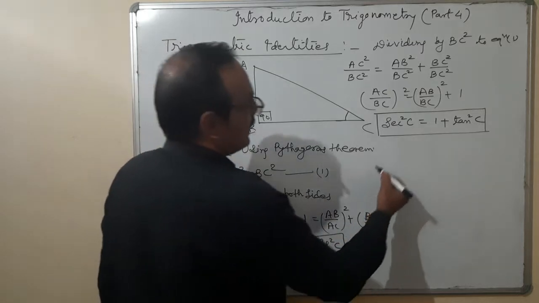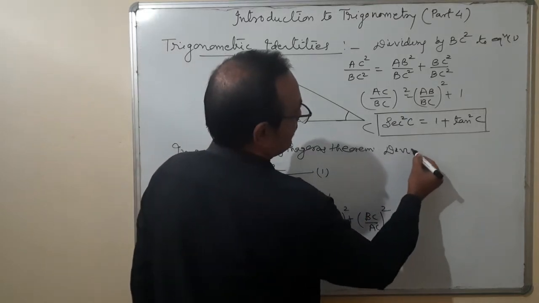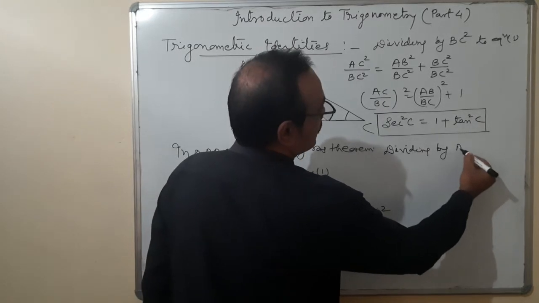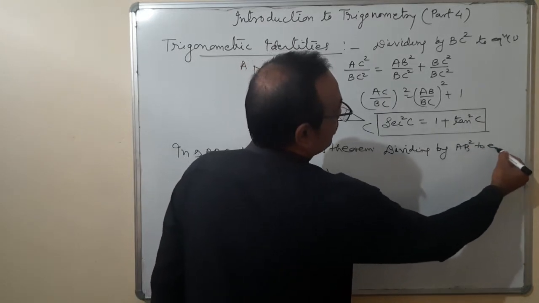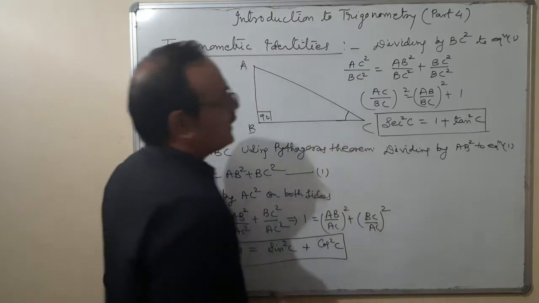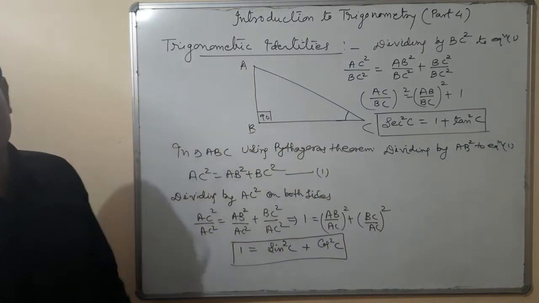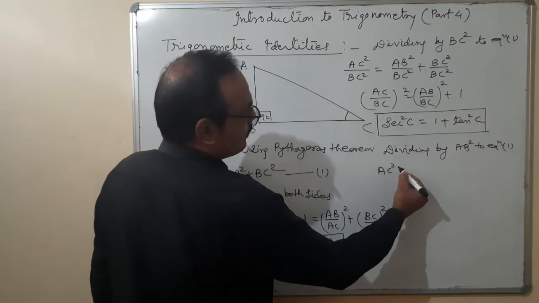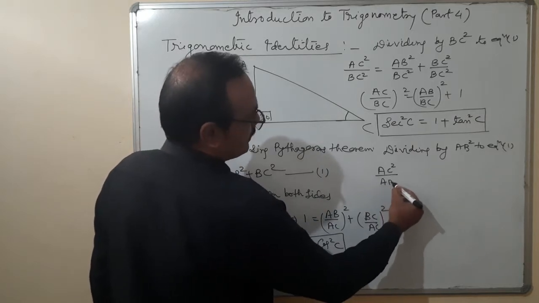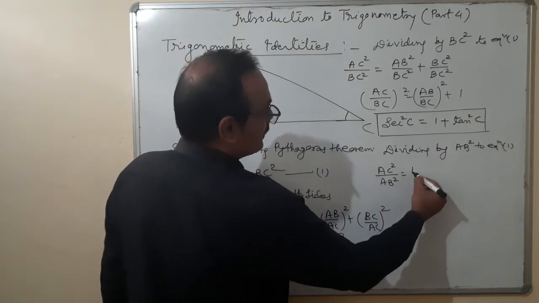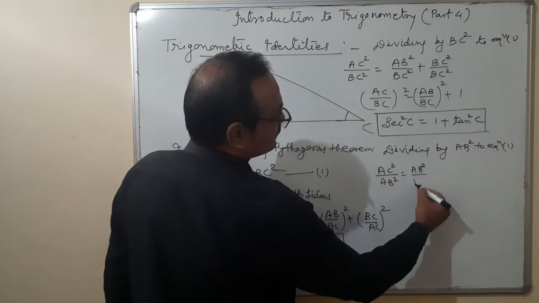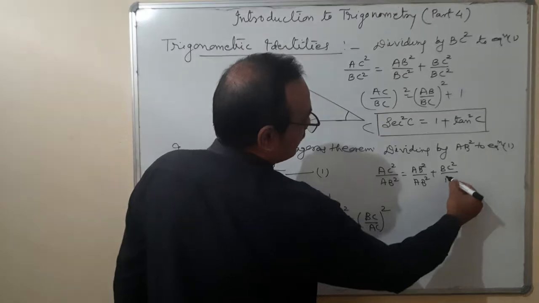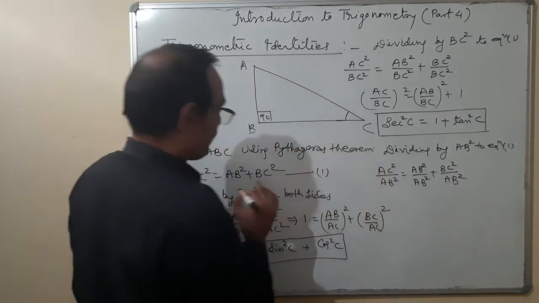Now, dividing equation 1 by AB square. Equation number 1 is this: AC square upon AB square is equal to AB square upon AB square plus BC square upon again AB square.